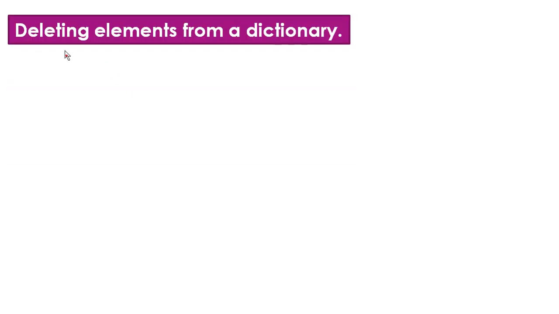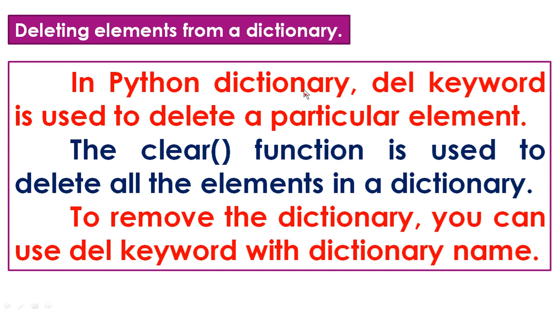Next topic, deleting elements from a dictionary. How to delete an element, delete all elements, or delete a dictionary by using Python. In a Python dictionary, the del keyword is used to delete a particular element. If we want to delete all the elements in the dictionary, we can use the clear function.